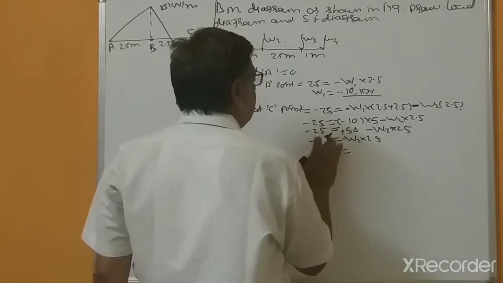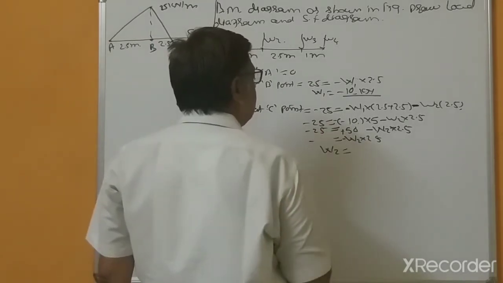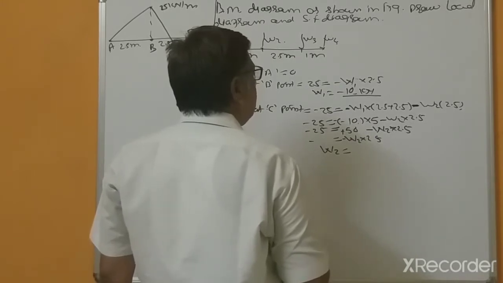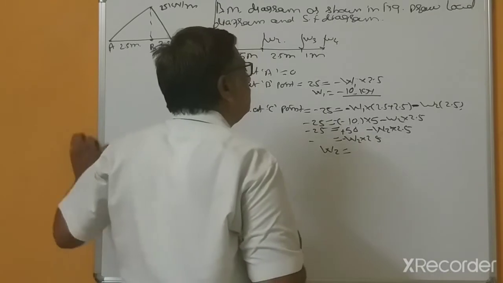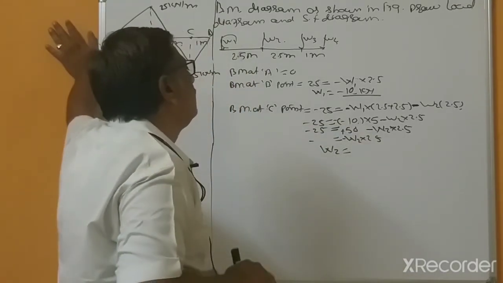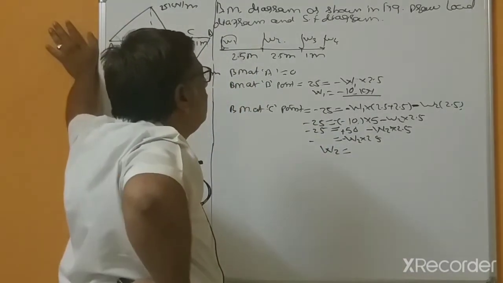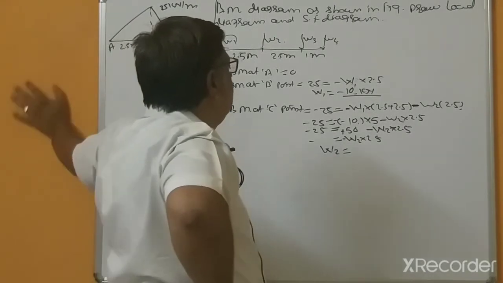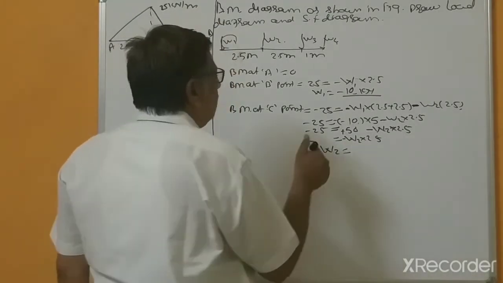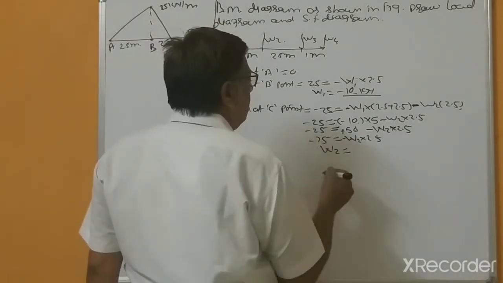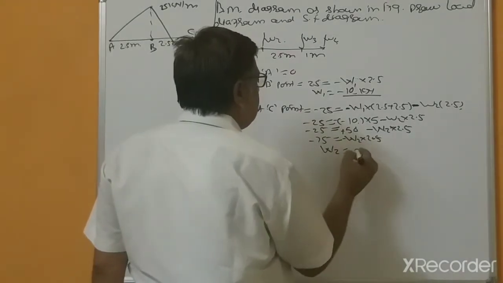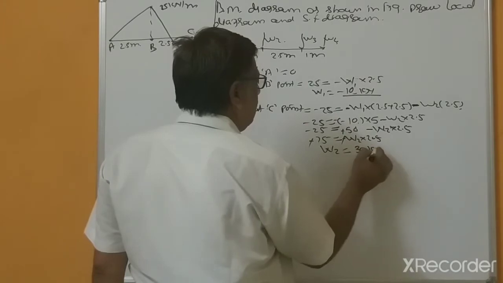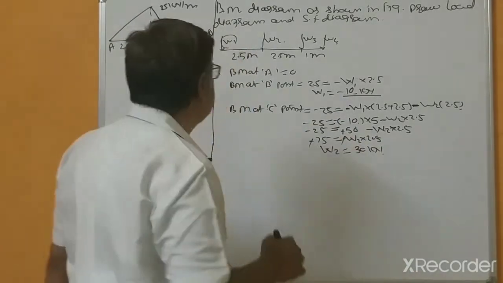So this becomes minus 75, and this is 2.5, which means W2 equals 30 kilonewton. All right, this is correct.